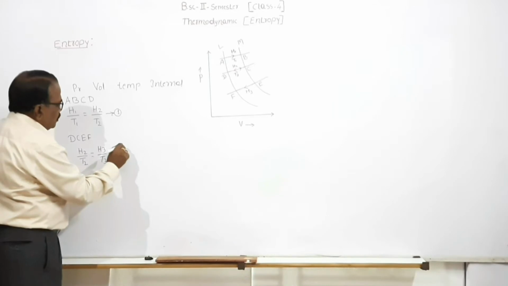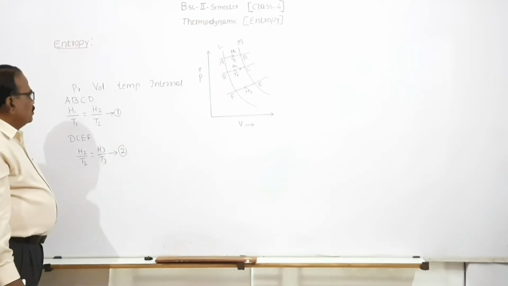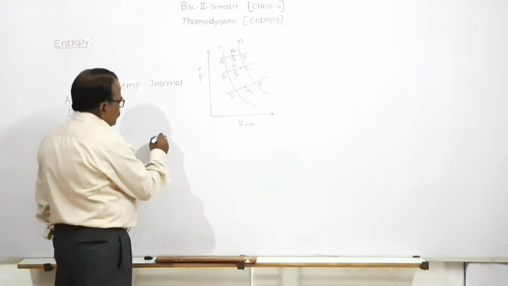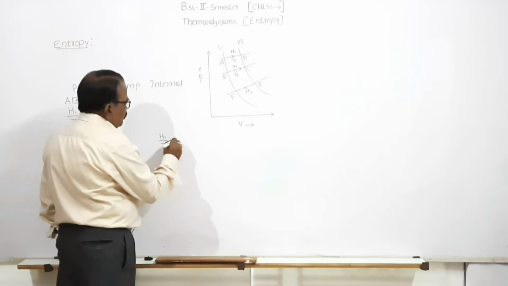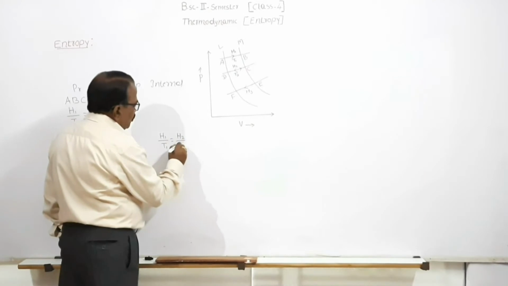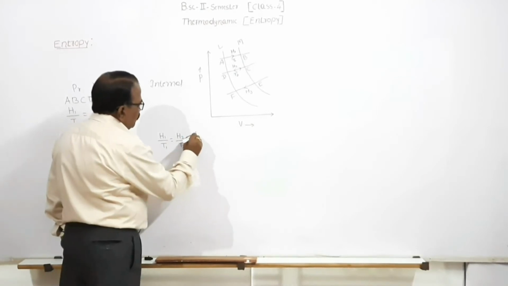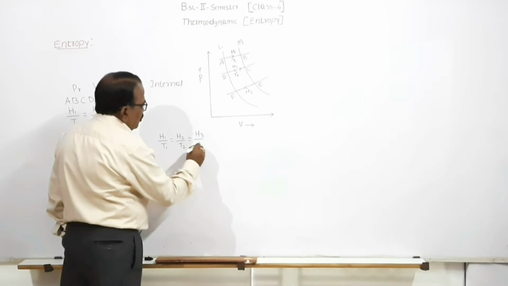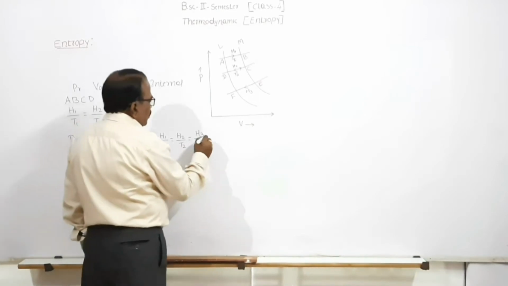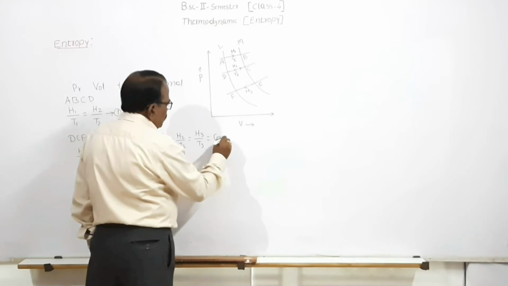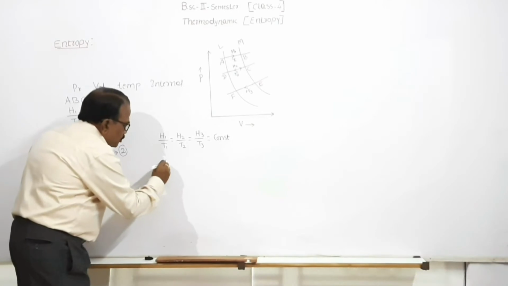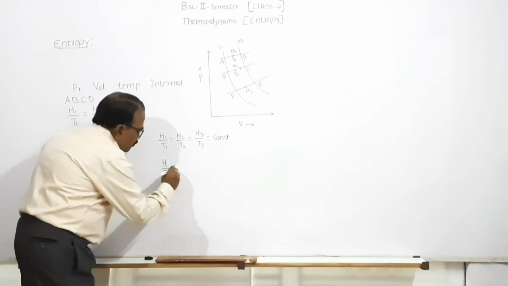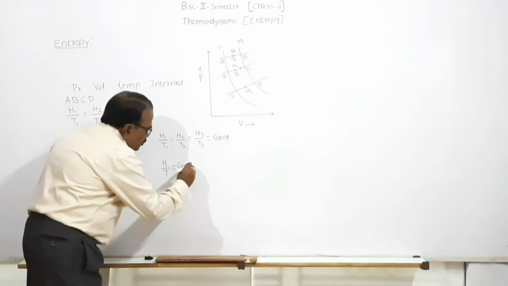Call this equation 2. Then from 1 and 2, H1 upon T1 is equal to H2 upon T2, which is equal to H3 upon T3. This ratio is constant. In other words, this H upon T is constant.